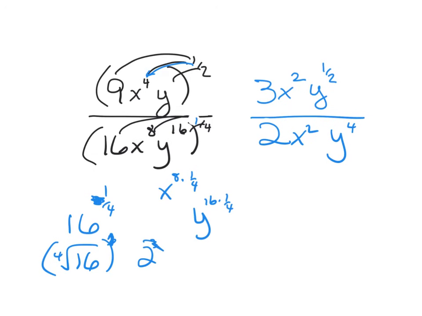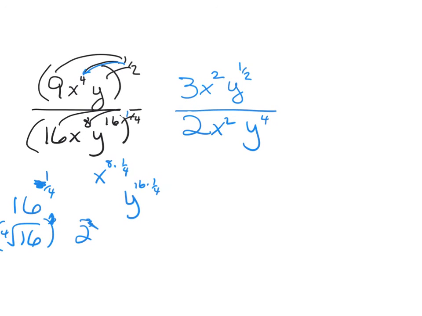Now what I need to do is simplify this. Notice the x's. X squared minus x squared is just x to the 0, which equals 1. So my x squareds are 1s. Then for the y's, I need to do 1/2 minus 4, common denominator.